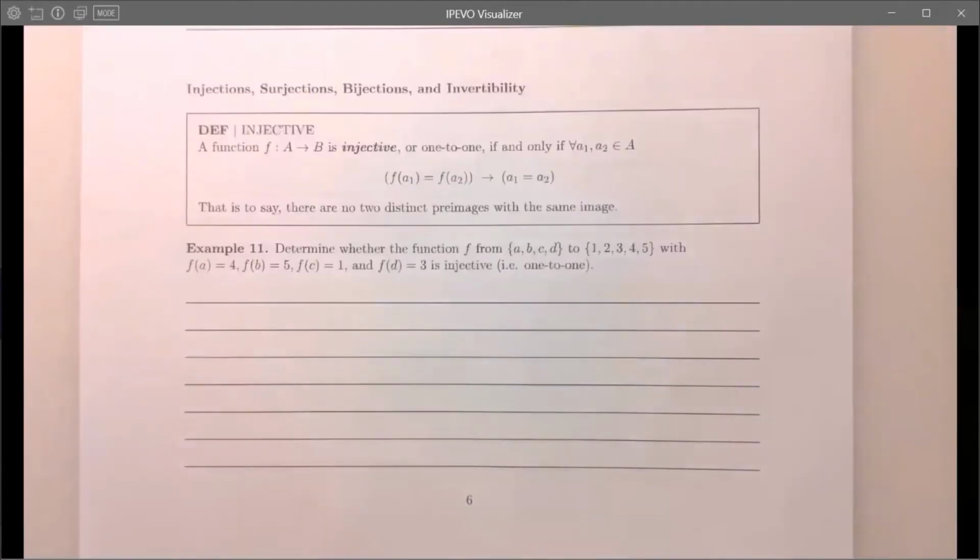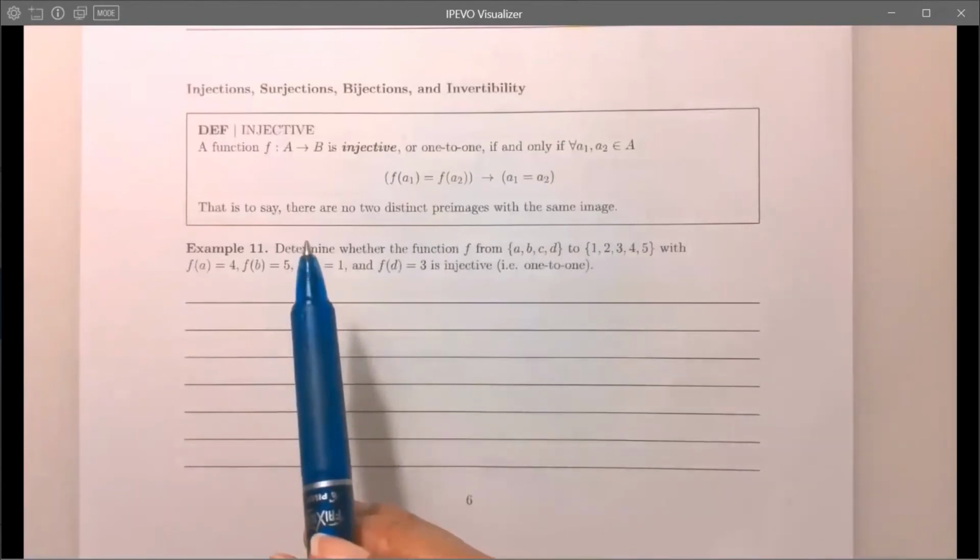The next definition that we're going to consider for functions is that of injective. And this is part of the discussion on injections, surjections, bijections, and invertibility. So what does it mean for a function to be injective?